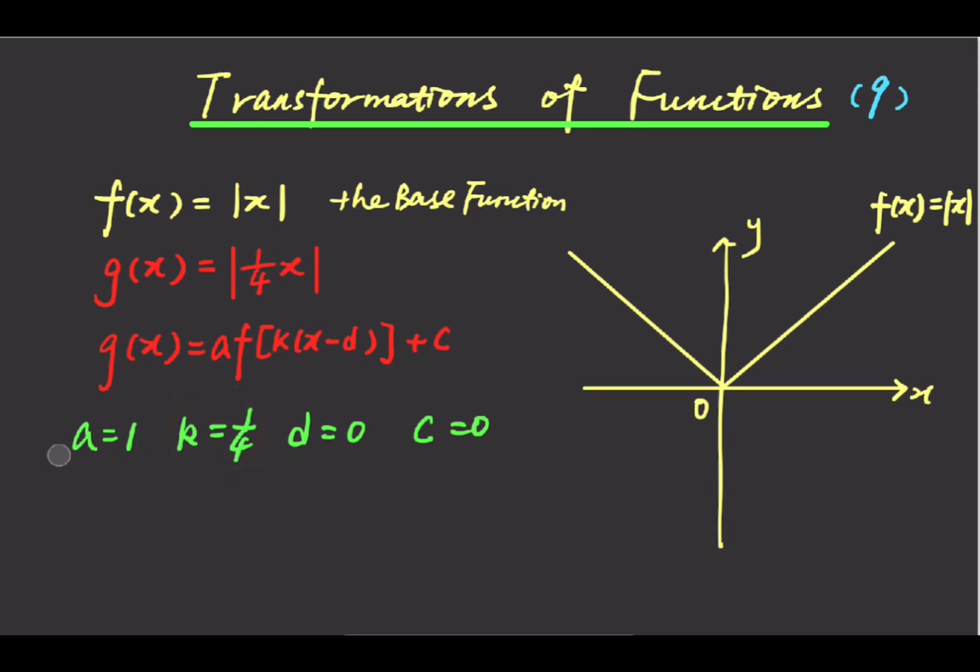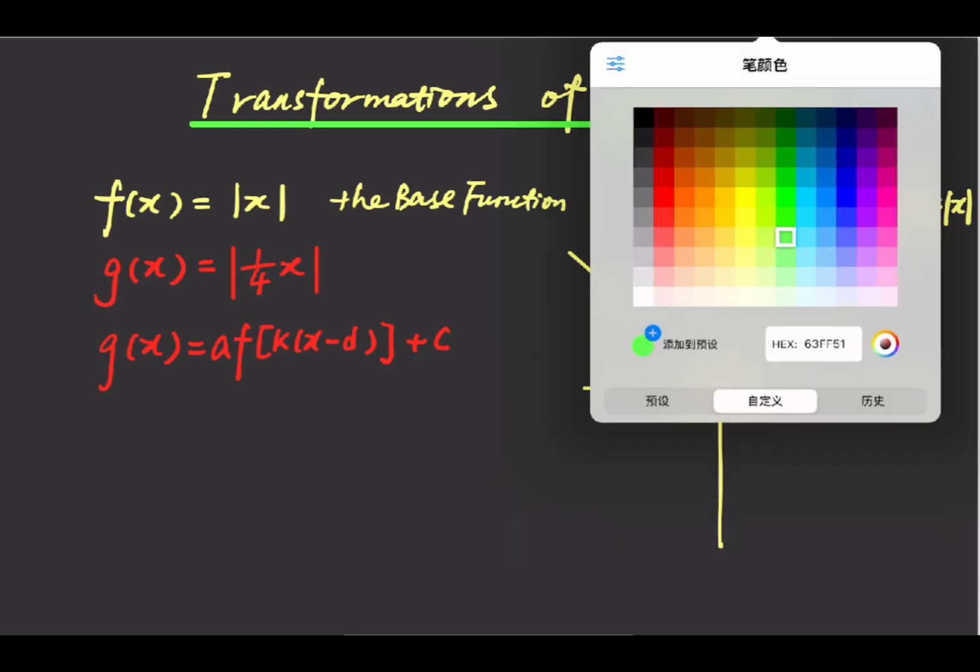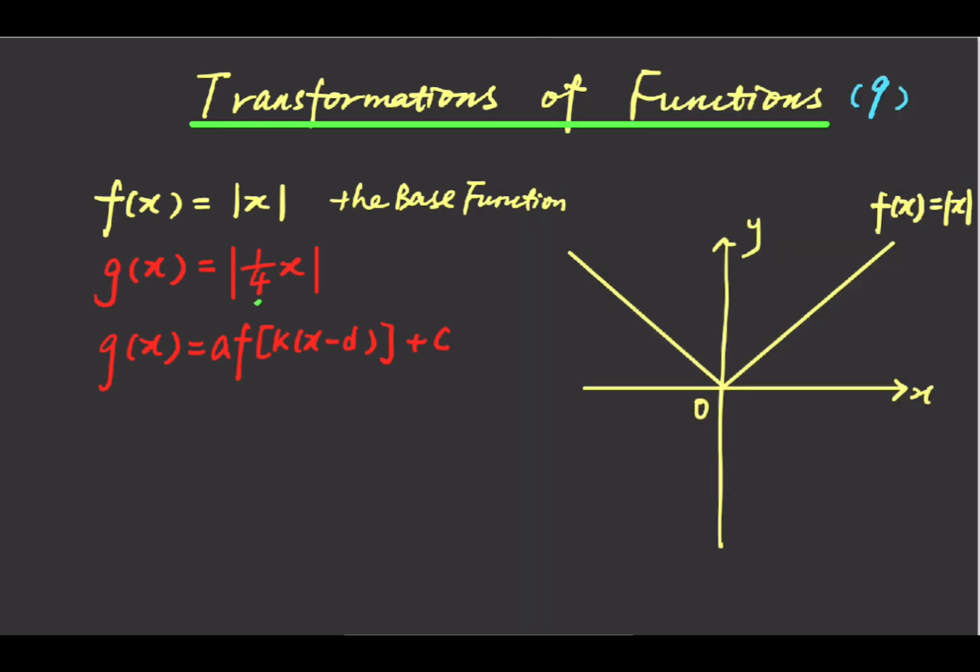Now k equals 1/4. You know, k represents horizontal stretches or horizontal compressions.